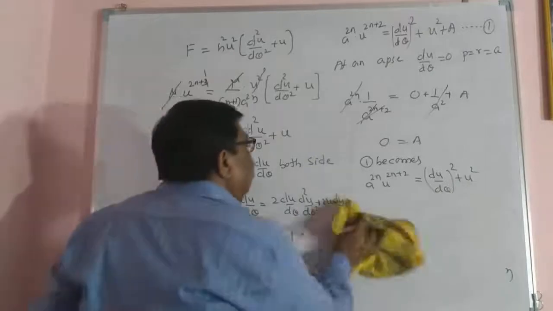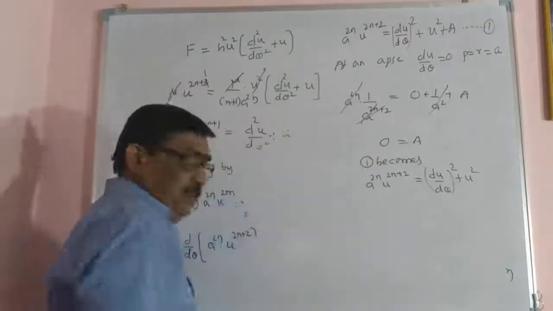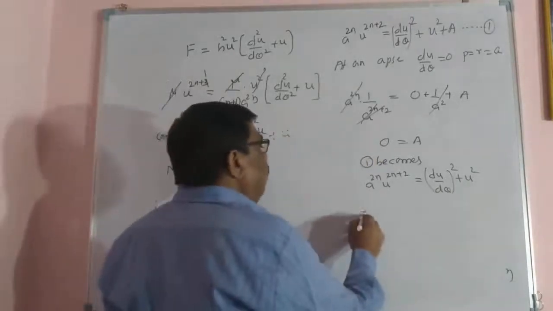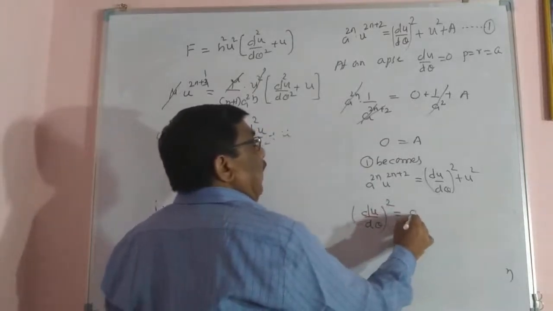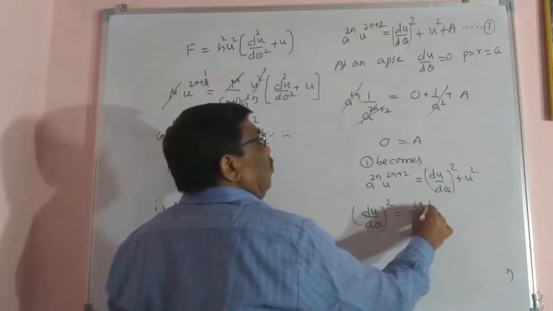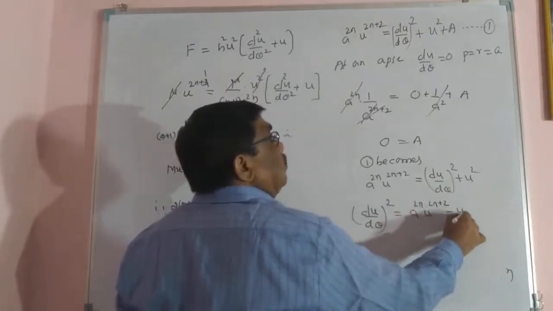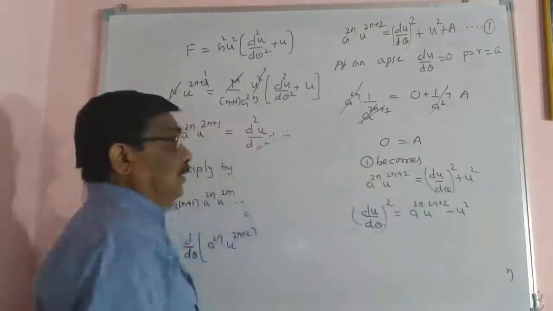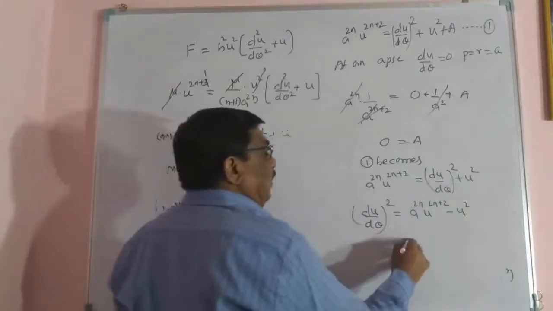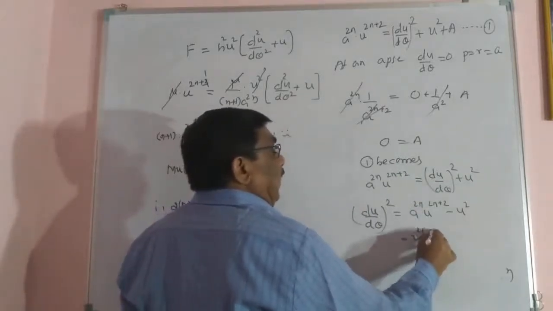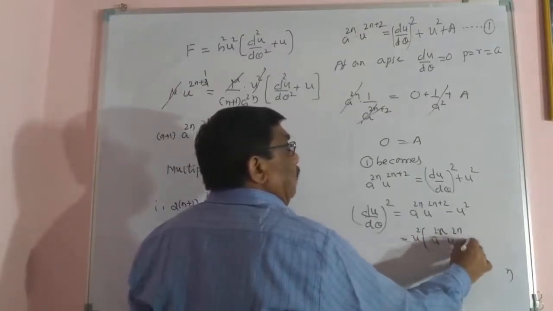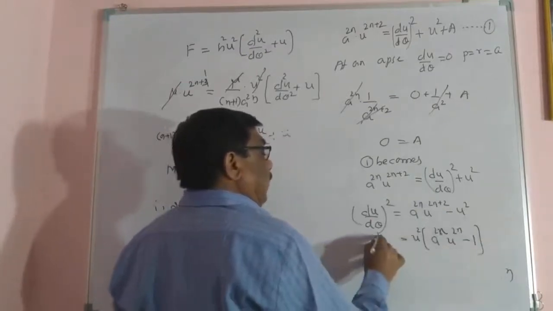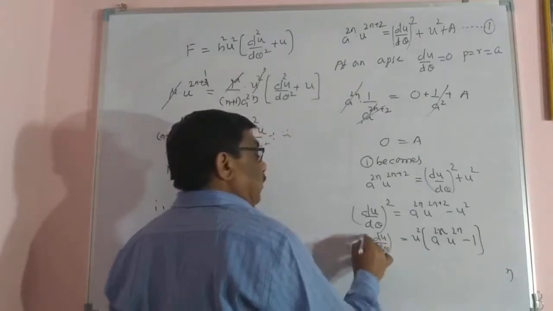Solve for du by d theta. du by d theta whole square equals a raised to 2n u raised to 2n plus 2 minus u square. If I take this to the LHS, u square is a common factor: a raised to 2n u raised to 2n minus 1 remaining, du by d theta whole square.